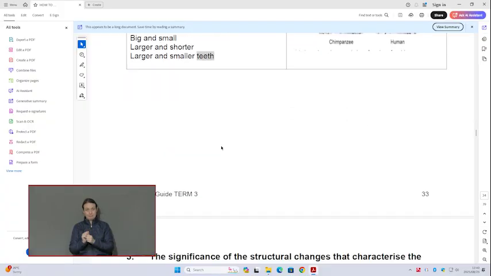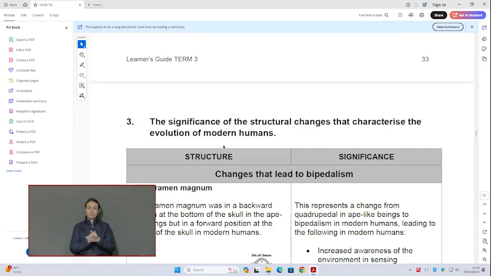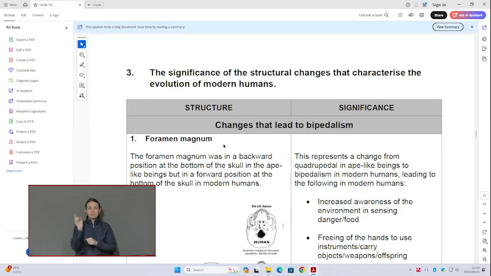Now, the other thing that we must know is the significance of the change. When we were doing the differences, we noticed that the foramen magnum of modern humans is at a more forward position, while for other primates, it is at a more backward position.